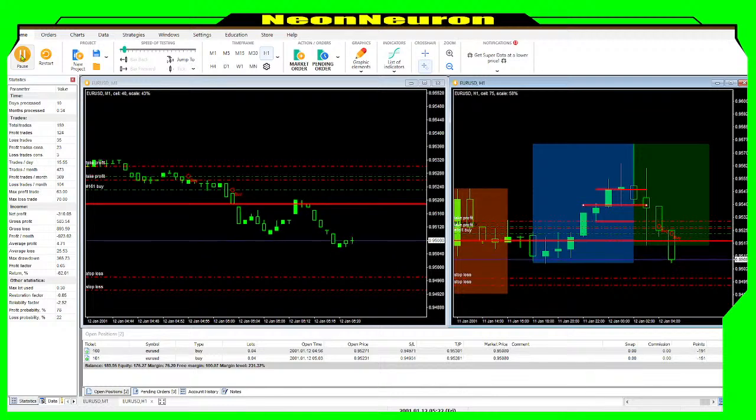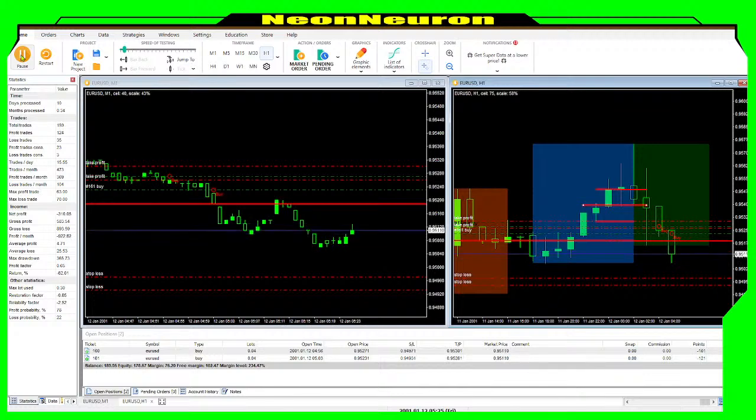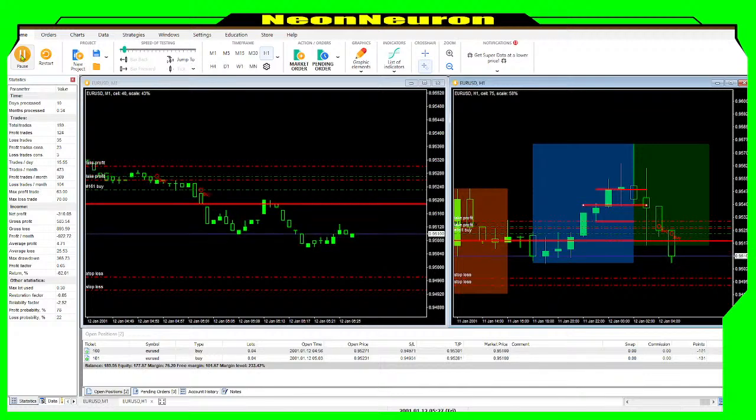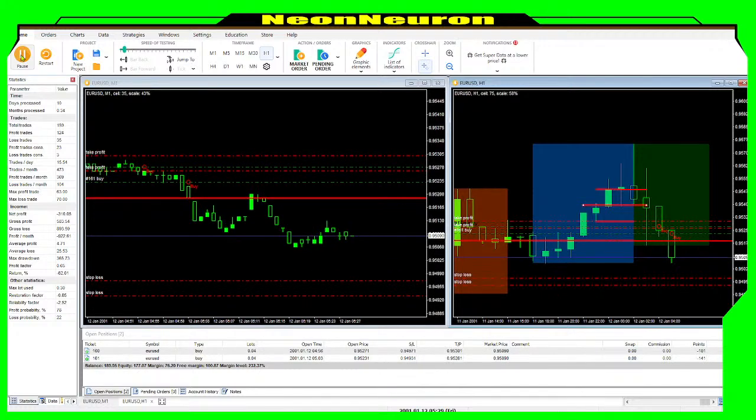But at some point, I'm going to have to do something because this is getting awfully close to my stop losses. And I don't like that.